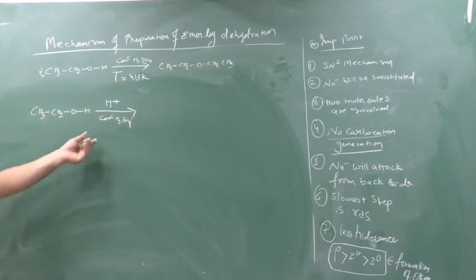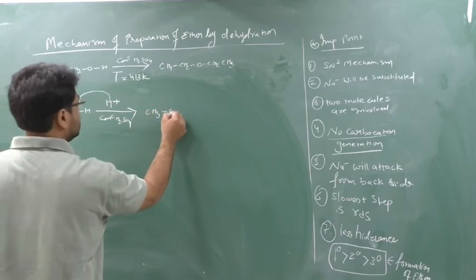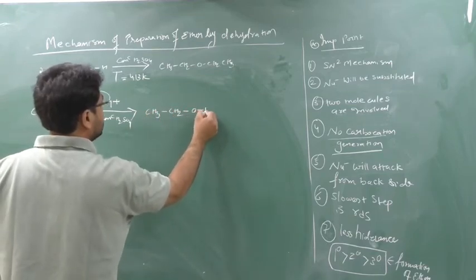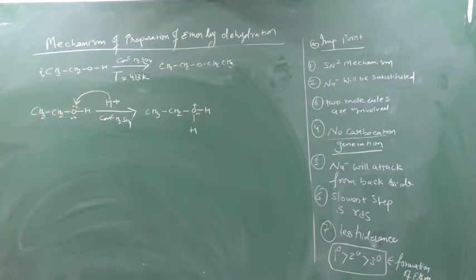This H2SO4 will provide us H plus. Clear? Here there are two lone pairs on oxygen, so this H plus will react here. So we get CH3CH2OH2 plus. This is the generation from the first molecule.